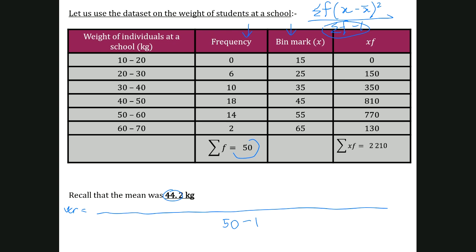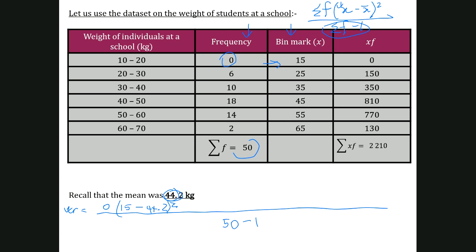It says take each frequency, so the first frequency is 0, multiplied by its respective midpoint, the one in line with it, which is 15, minus the mean, which is 44.2, and squared.